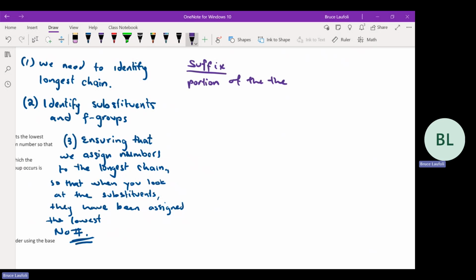It's a portion of the name which tells us what functional group is present.